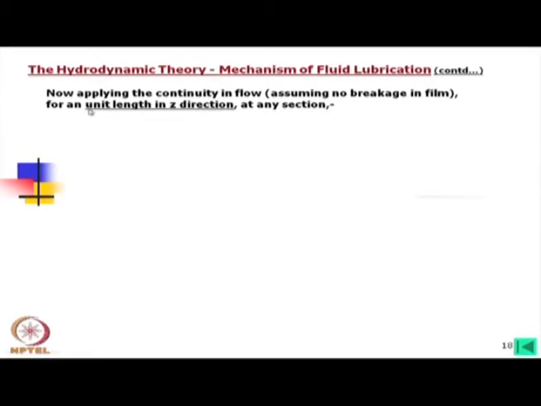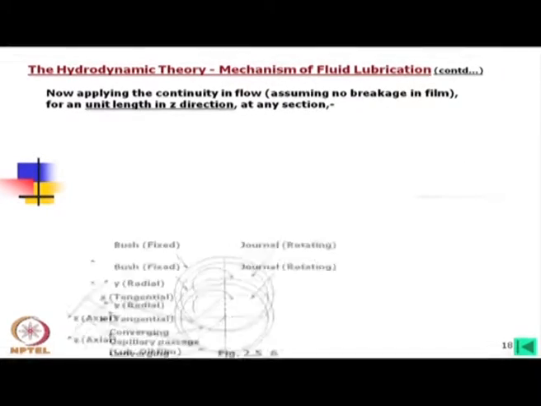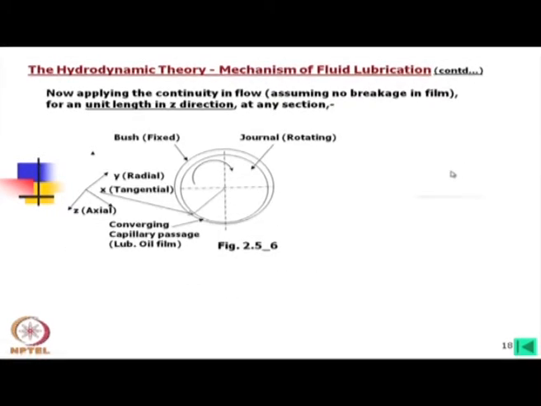So, we take a unit length in the z direction, because if you want to match the dimensions, you will find that in these equations one dimension is missing. Here z means along the axis of the shaft.